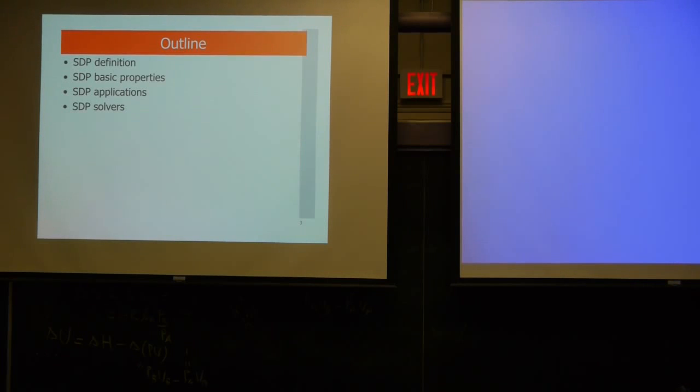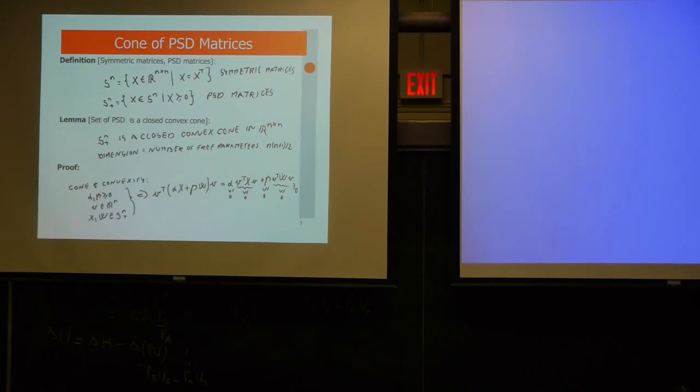So let's just recap what we have discussed so far. Just to remember the notations, Sn is the set of symmetric matrices. The size is n by n. Sn plus is the set of PSD matrices.